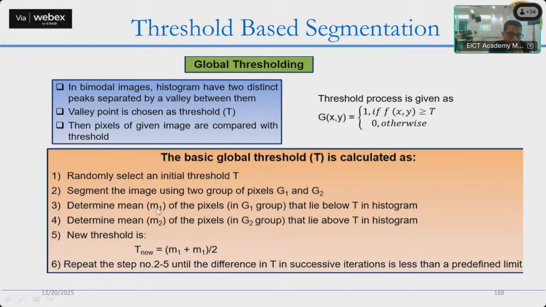You determine the mean M1 of the pixels in the G1 group that lie below T in the histogram, then the mean M2 of the pixels in the G2 group that lie above T. The new threshold is T equal to (M1 + M2) / 2. Repeat the steps until the difference in T is less than a predefined limit.